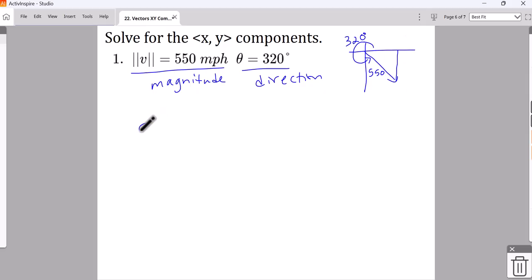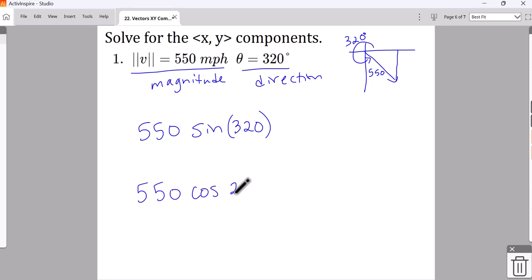And so I have 550 times sine of 320, and I have 550 times cosine of 320. Make sure that your calculator is in degrees, and you can do this math with me to make sure that you're doing this right.